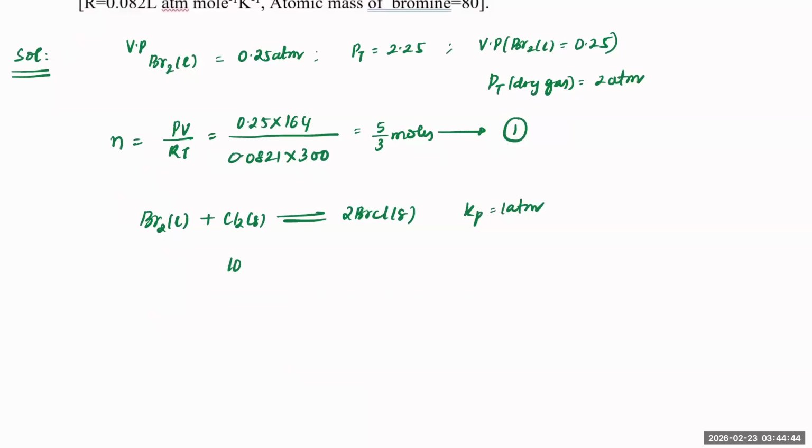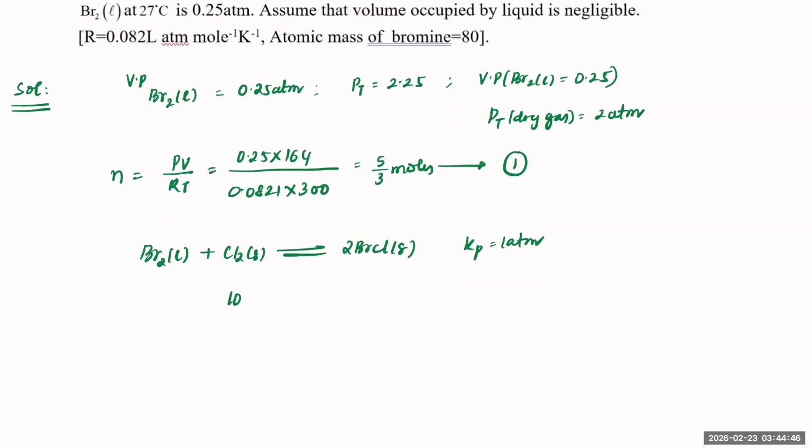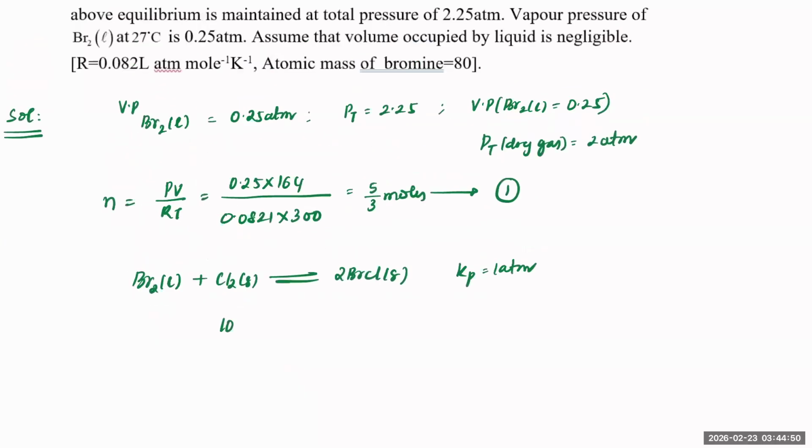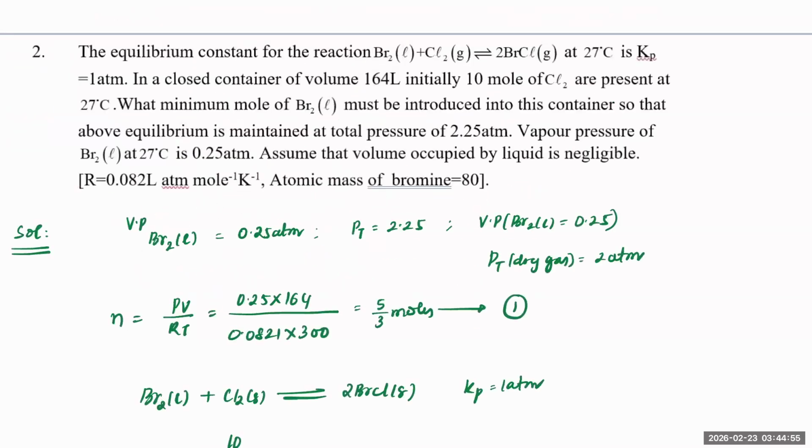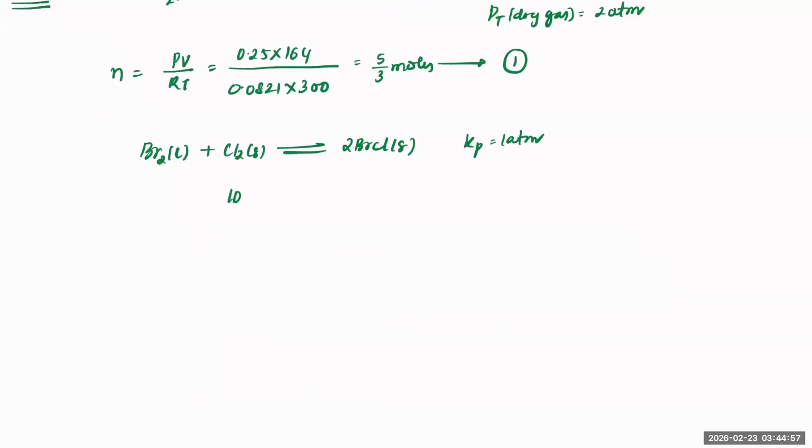Initially Cl2 is given as 10, and we do not have to worry about how much bromine was there. Now we need to check how many moles have been lost. Out of this 10 moles, x moles have gone, so 2x moles have been formed. So the total number of moles is 10 plus x. That makes the mole fraction 10 minus x by 10 plus x, into the total pressure.